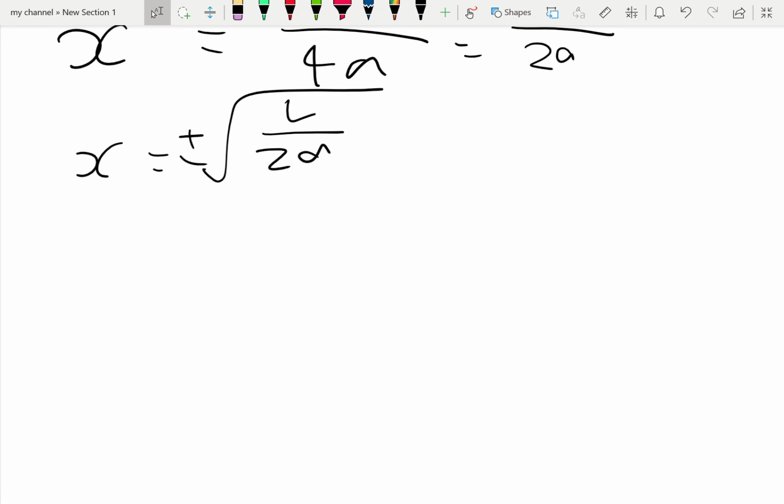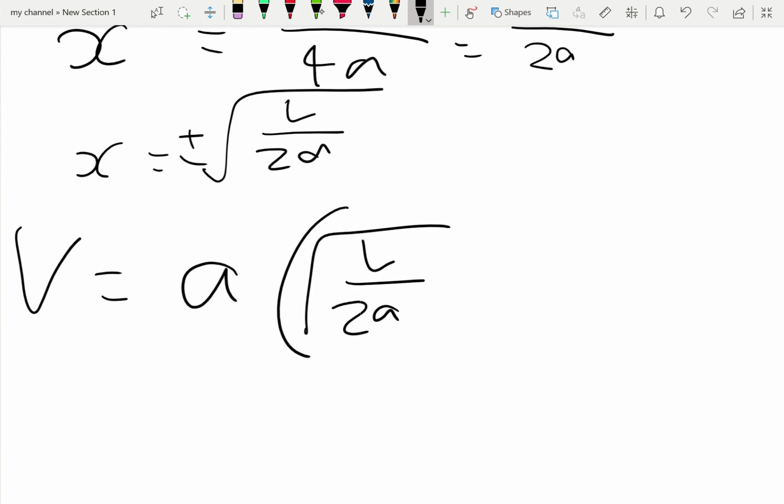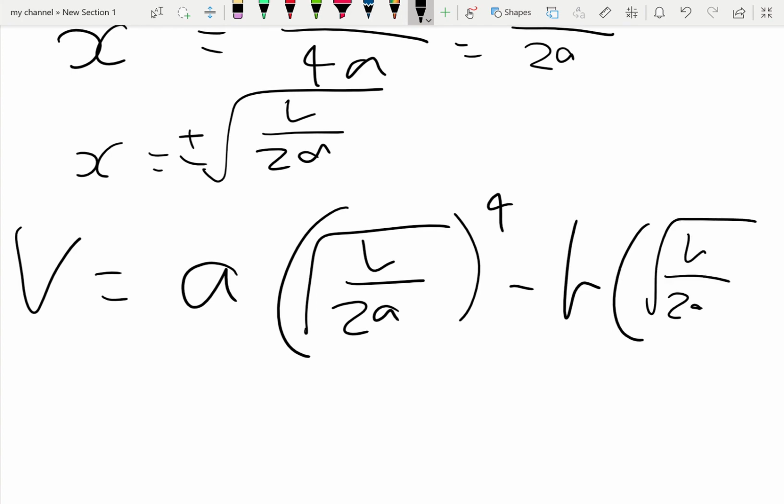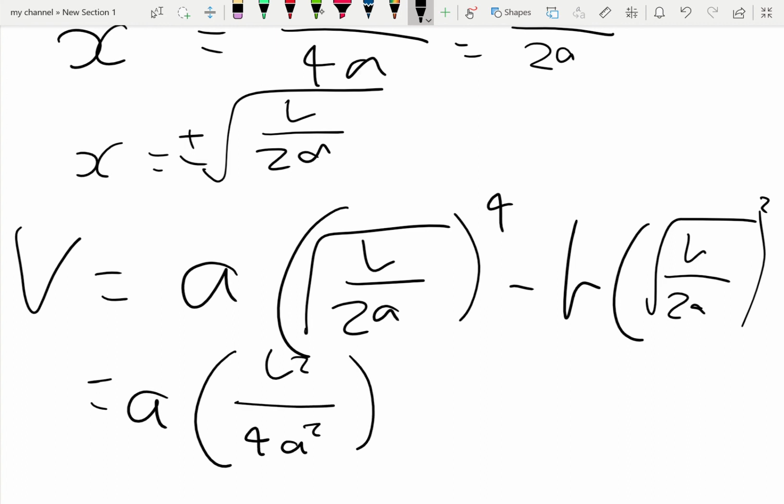So let's do that. V is equal to a times the square root of b on 2a to the 4th, minus b times the square root of b on 2a squared, which is equal to a times b squared on 4a squared minus b times b on 2a.